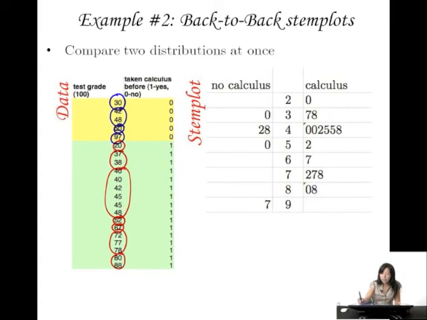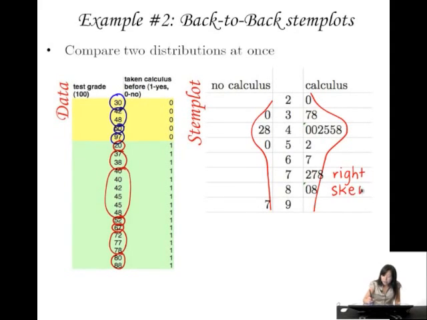And now let's look at the distribution. Here, the distribution seems to be something like this. And here, the distribution roughly looks similar. They're both right-skewed distributions.